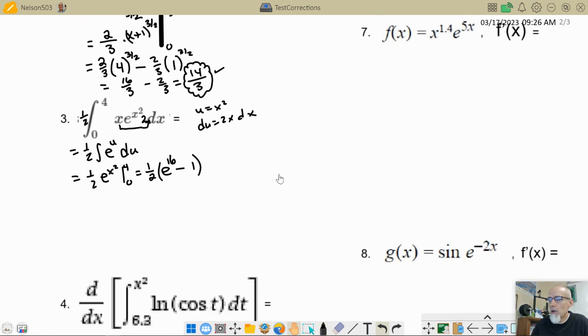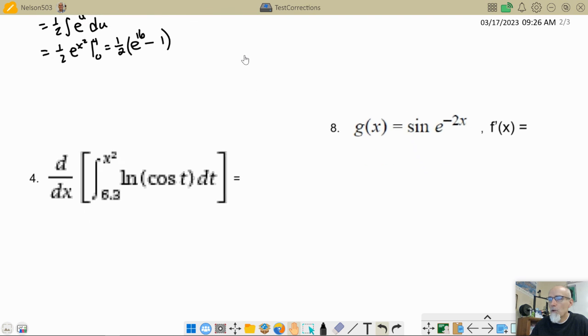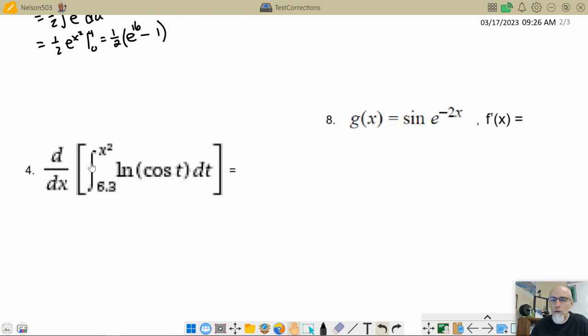Number 4. Okay, so when you're taking the derivative of an antiderivative, they kind of cancel each other out. And what I mean by that, well, the upper limit is x squared, so it's another function. This is like the inside function, and this whole thing is kind of like the outside function.